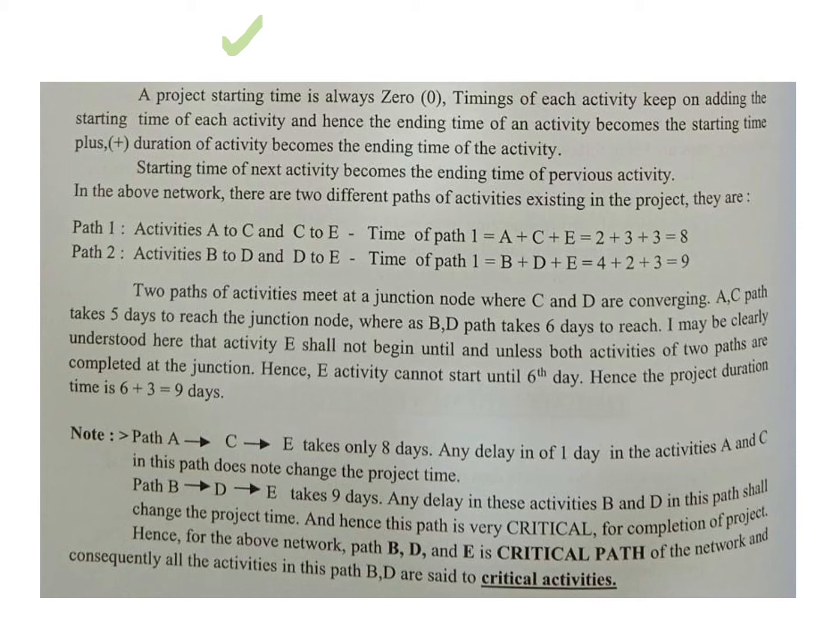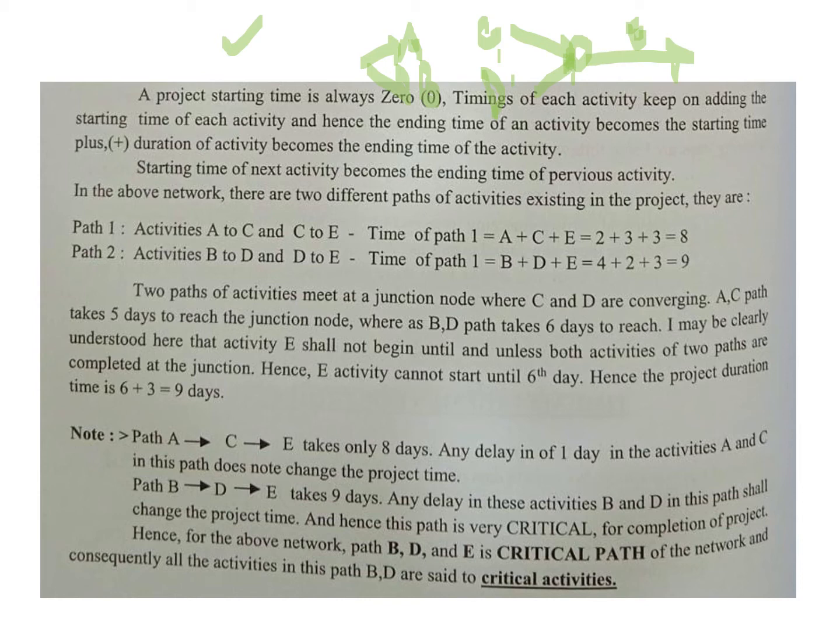In the previous slide, you start with 2 activities, activity A and activity B. Activity A is followed by activity C, activity B is followed by activity D. You require both C and D completed to start activity E. This was the premise of the previous slide that we talked about.